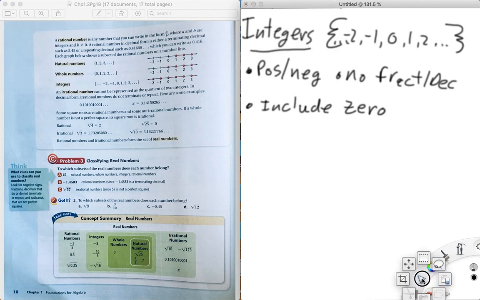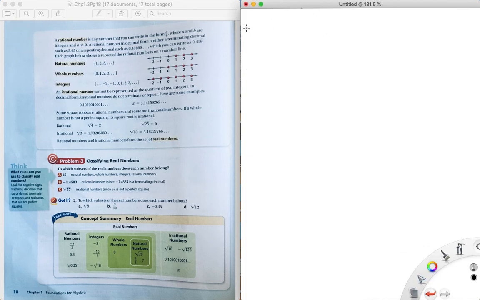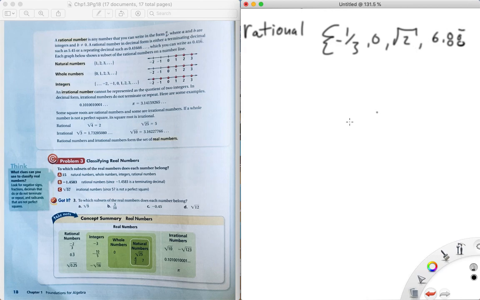Then we have rational numbers. Rationals like -1/3, 0, square root of 2, 6.8 bar.